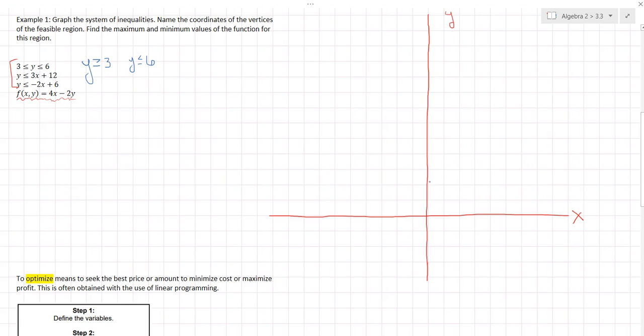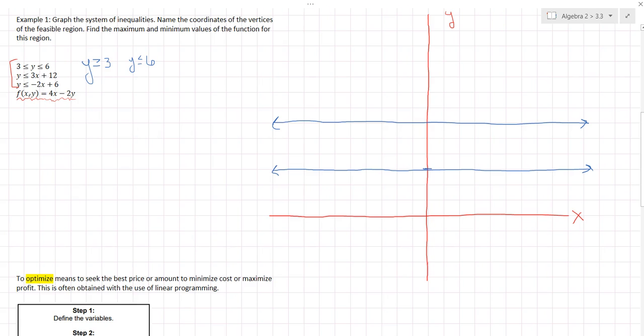They'll both be closed or solid lines. So 3 on the y is here, and so we have a horizontal line. And then we also have one at 6. Okay, so those are those two lines for the first inequality.